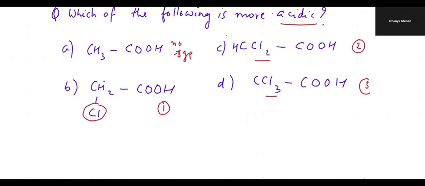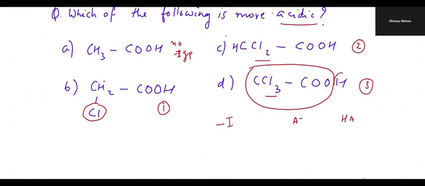Okay, so if there are more minus I groups, it will make the conjugate base or conjugate species, this is the A minus species. Remember HA. So this is the H plus ion. This is the A minus, the conjugate base. It will make the conjugate base more stable and more is the acidity.